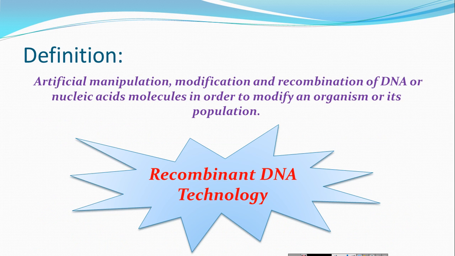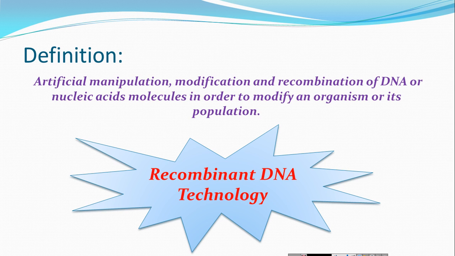If we want a scientific definition, genetic engineering is artificial manipulation, modification, and recombination of DNA or nucleic acid molecules in order to modify an organism or its population. Mainly, genetic engineering is nothing but recombinant DNA technology or gene cloning.